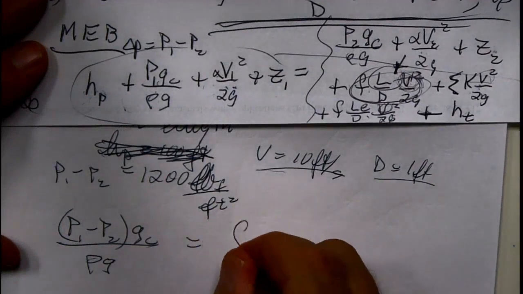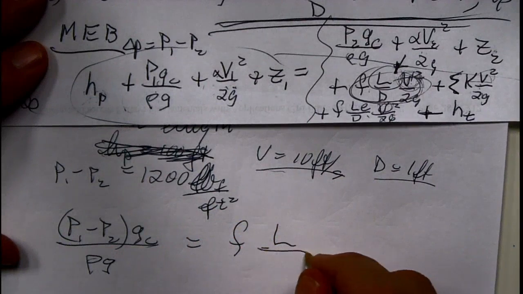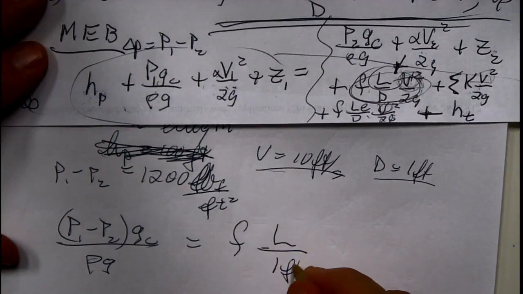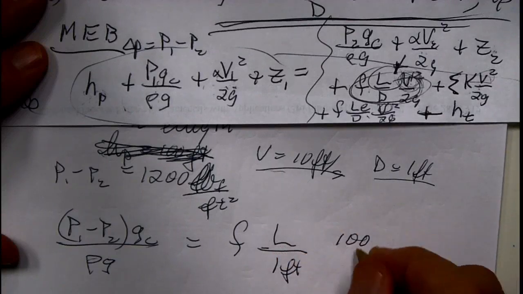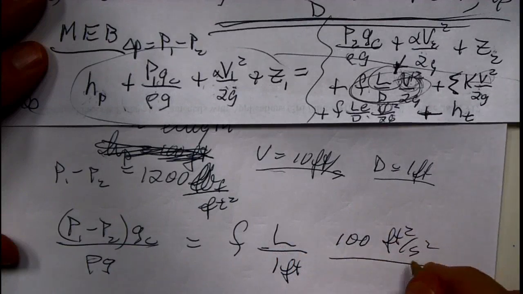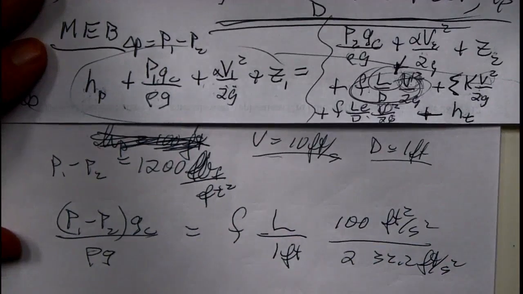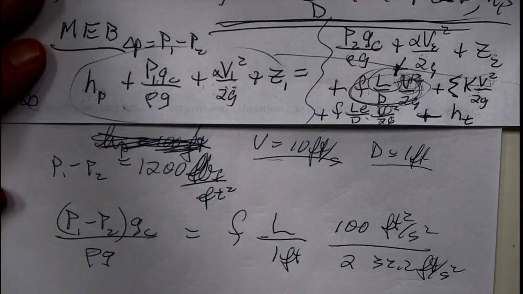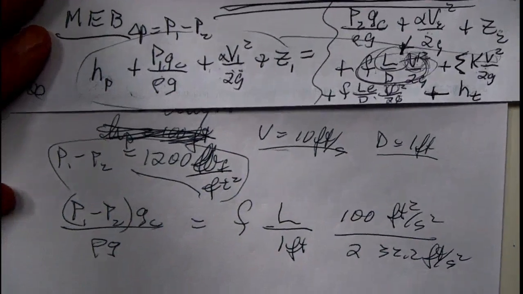That's going to be equal to our friction factor. Unknown length now, diameter is 1 foot, and the velocity will be 100. We square it, right? So it's feet squared per second squared, divided by 2 times 32.2 feet per second squared. Okay, and if we plug in, this is our pressure drop.